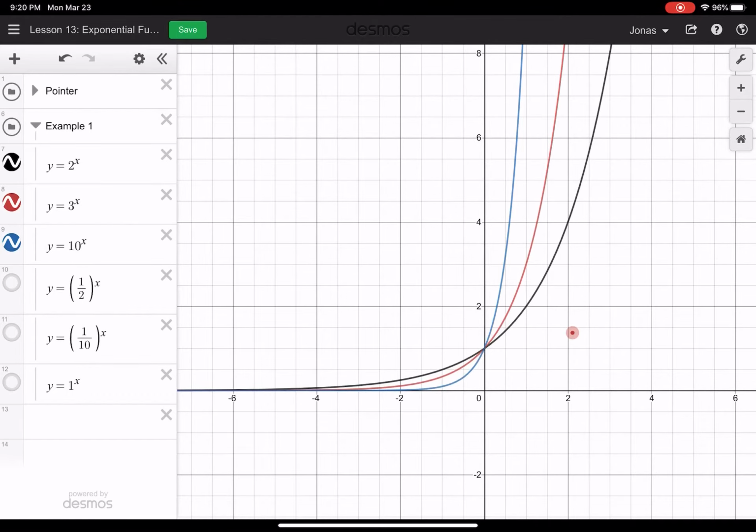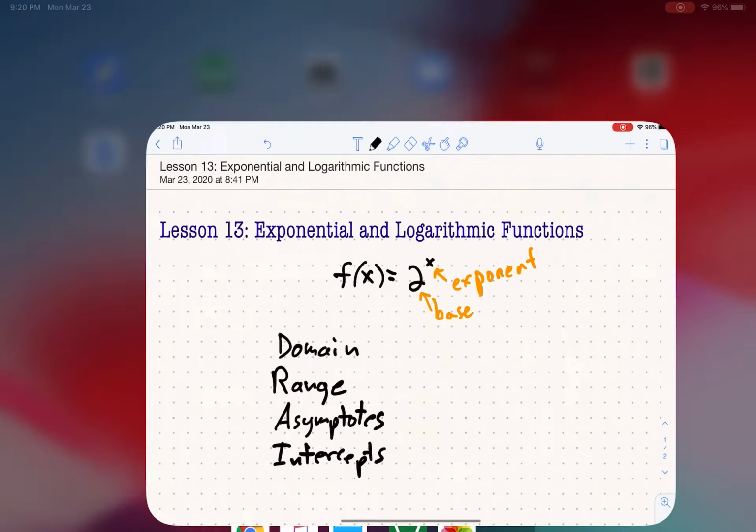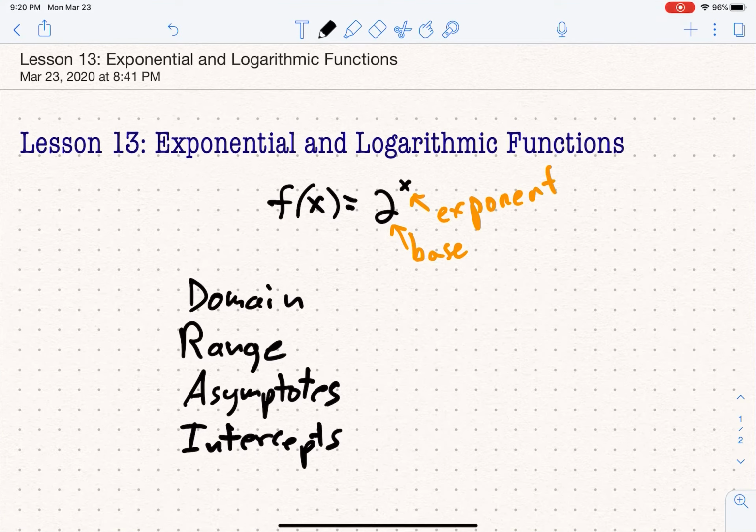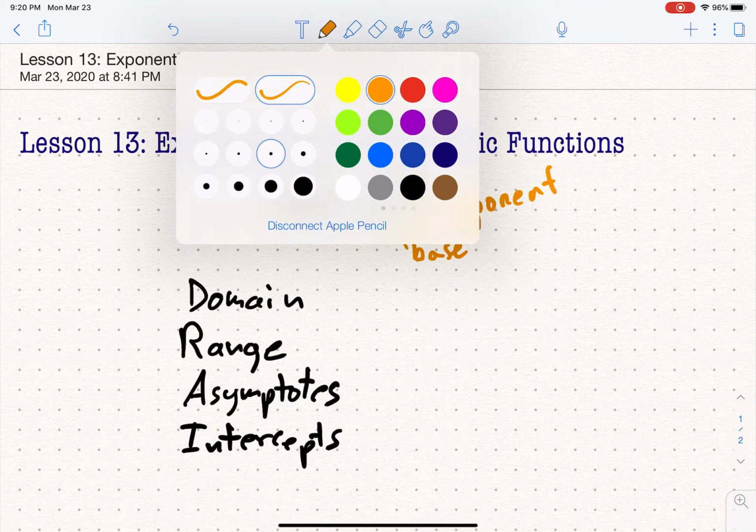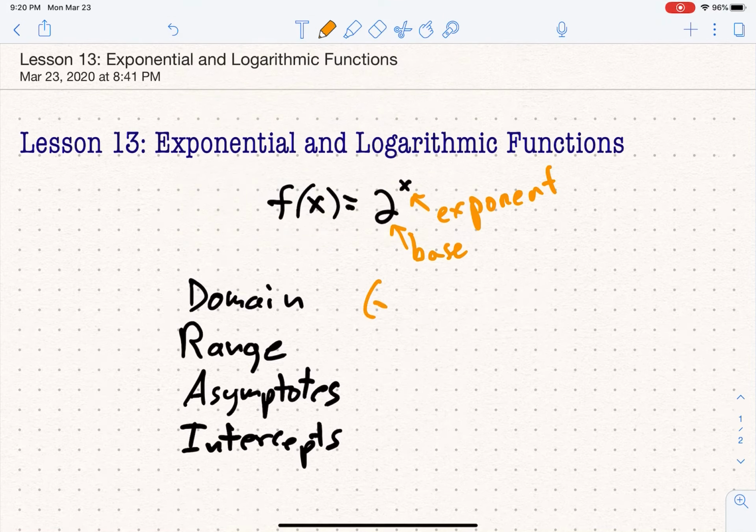So let's just recap what we've learned so far. The domain, if you remember, you were allowed to plug in any real number that you wanted, which means that the domain, well, we could look at it as from minus infinity to infinity, or another way to say that would be all real numbers. The range, however, when you take a number like 2 and raise it to a power, you never get a negative answer.